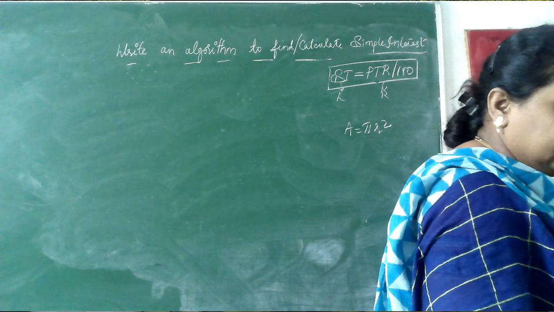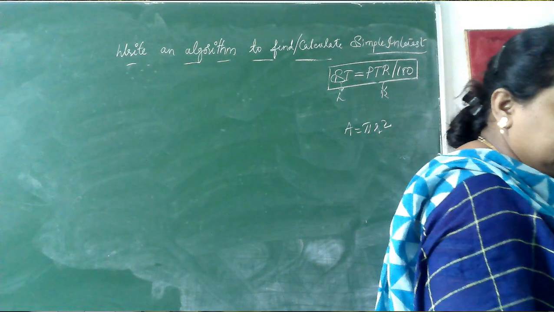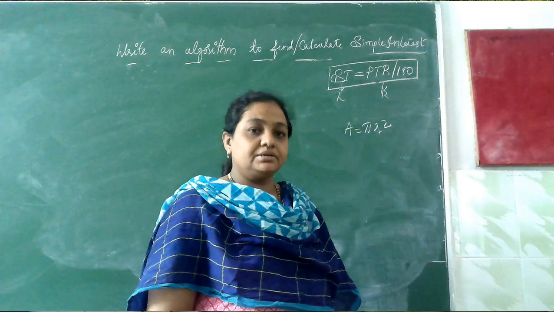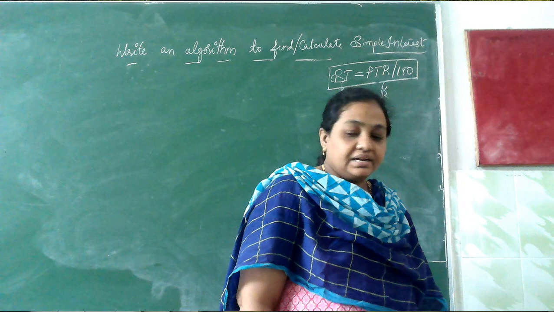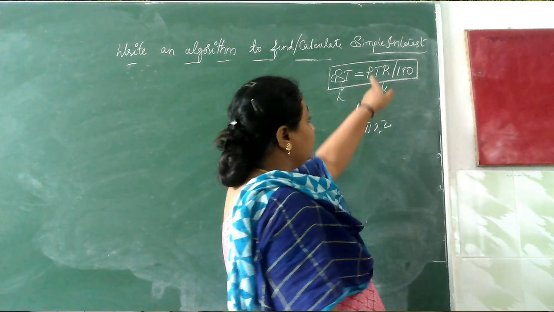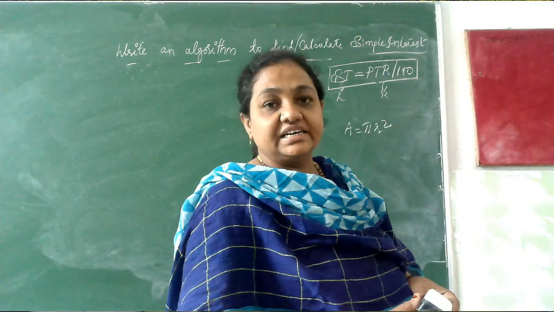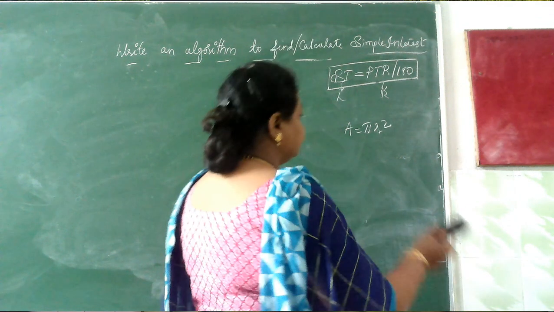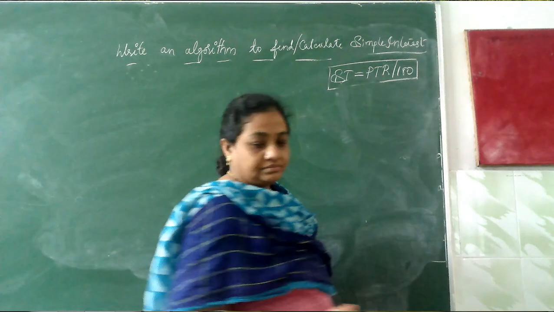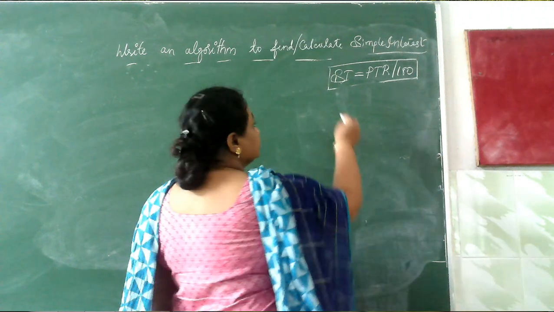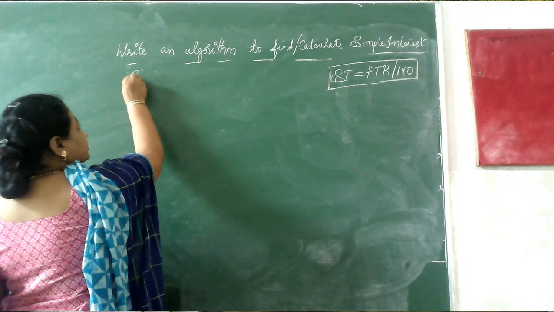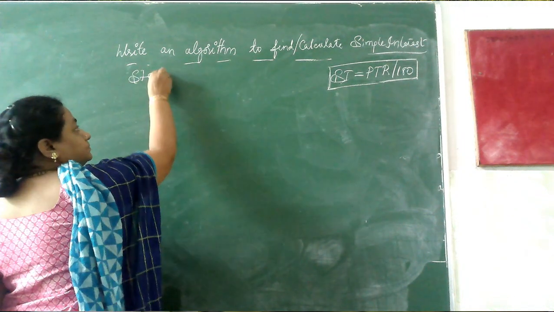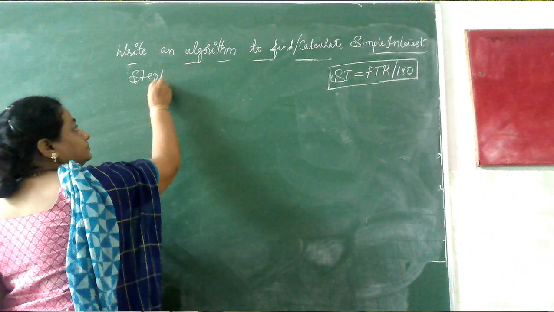See, we input different sets of values depending upon the problem. For example, for calculating area of circle, we inputted radius. To calculate area of a triangle, we inputted base and height. To find sum, we took two numbers. Now it's a different story. Now we are calculating SI, which is nothing but simple interest.